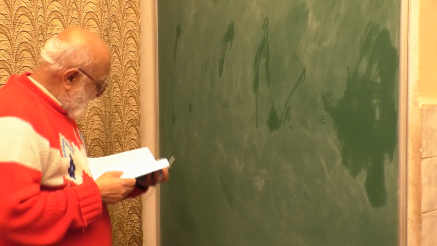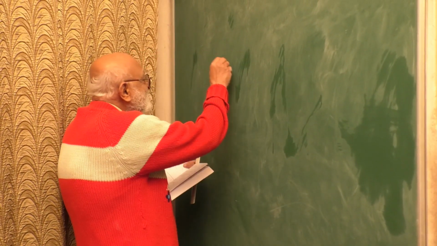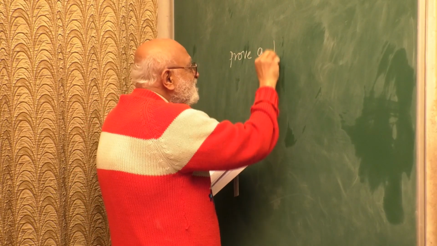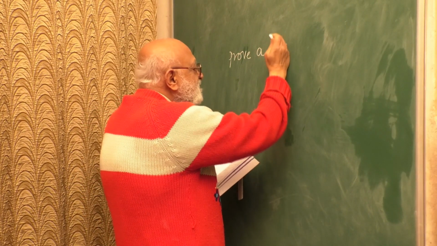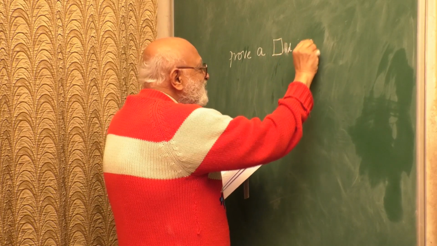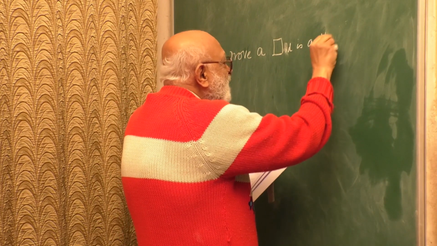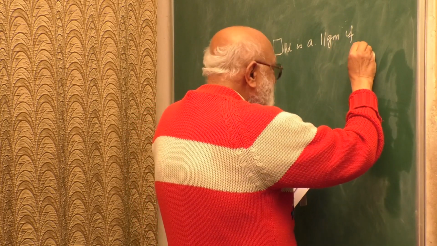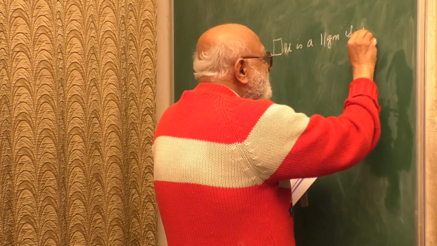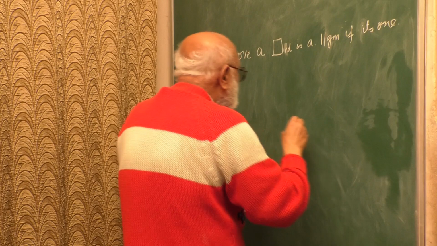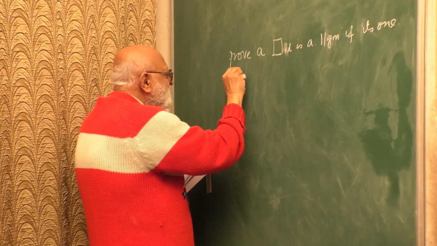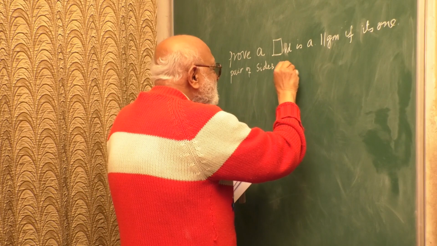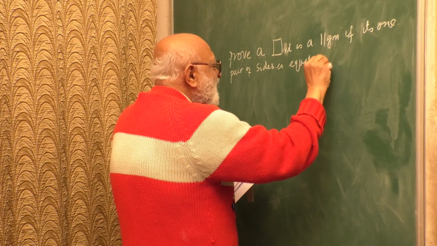Now we are going to prove another theorem which says: prove a quadrilateral is a parallelogram if one pair of sides is equal and parallel.